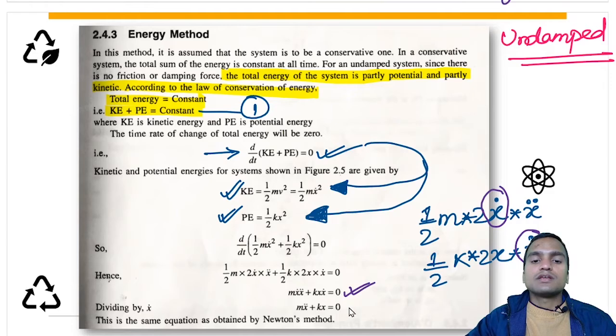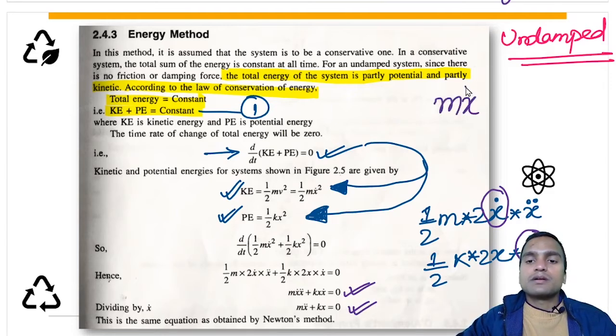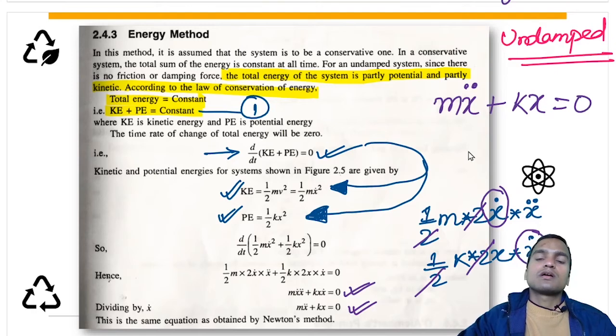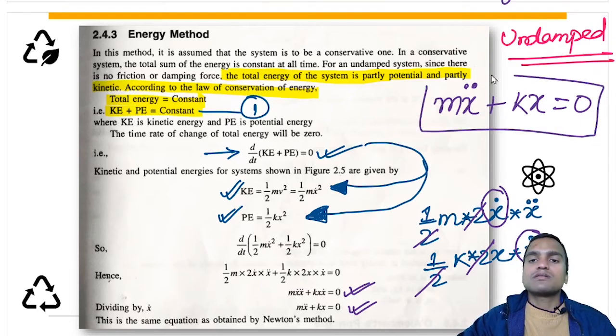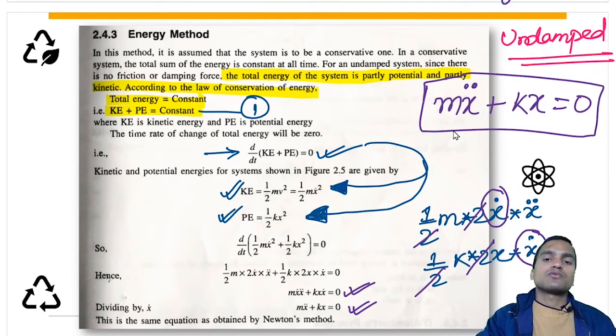So finally the equation comes out to be, with these two cancelled, mx double dot plus kx equal to 0. So we can see from all the methods we are arriving at the same equation again and again. This is the simple equation of motion all the time, especially in case of undamped free vibration.